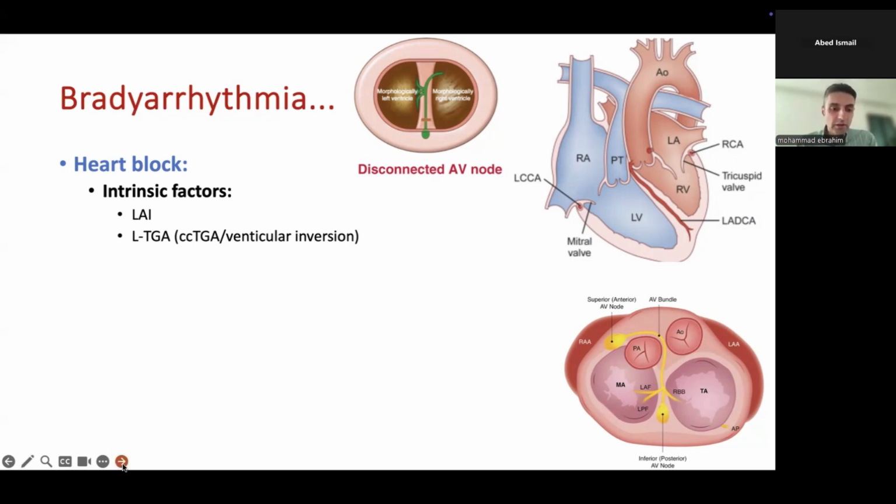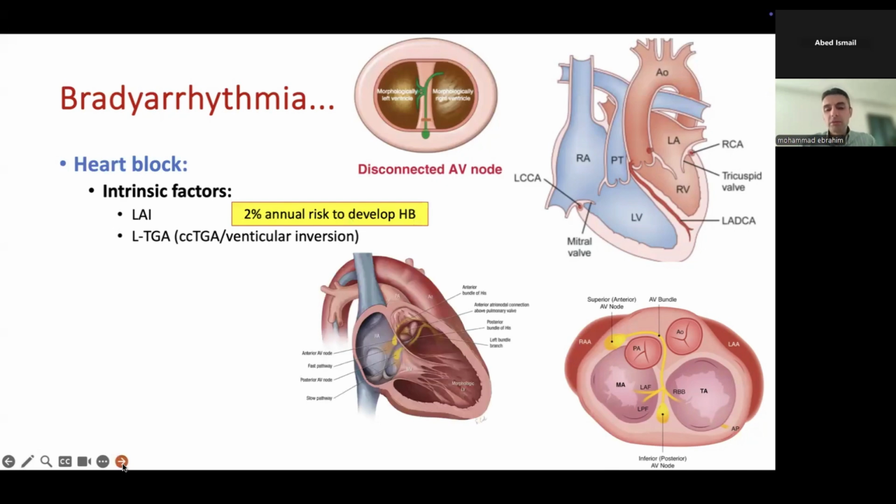Specifically, there is around a 2% annual risk of developing heart block in patients with LTGA.